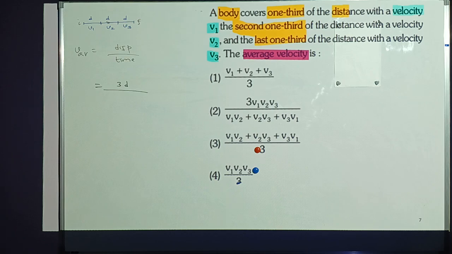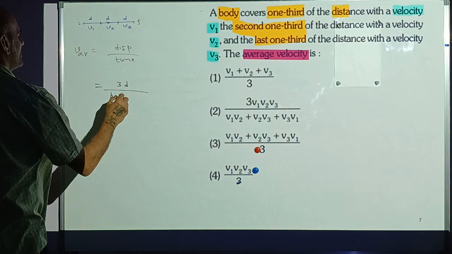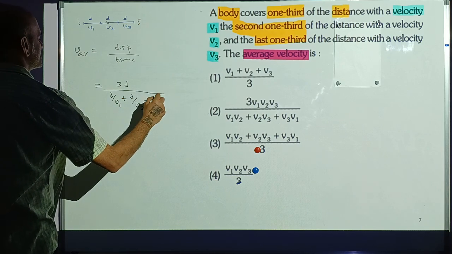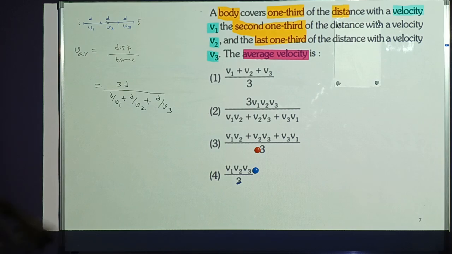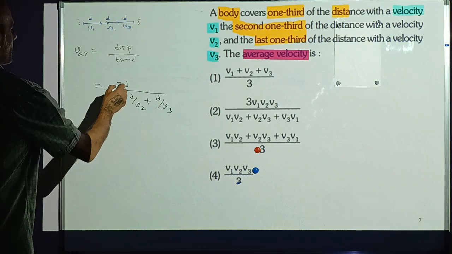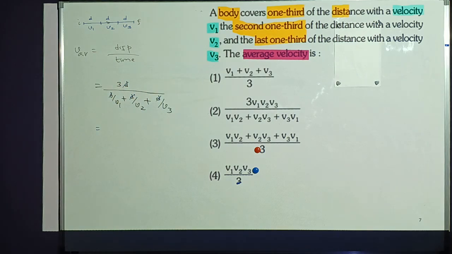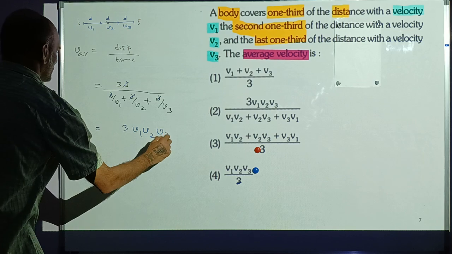And the time I can write in terms of d and v1: d by v1 plus d by v2, and for the third part the time is d by v3. d will cancel, and we get the answer in terms of v1, v2, v3. Multiply numerator and denominator by v1, v2, v3. So this will give 3 v1 v2 v3.